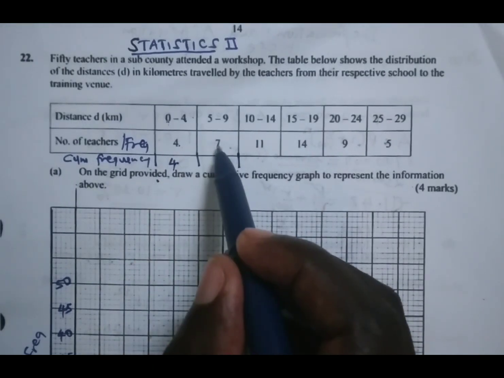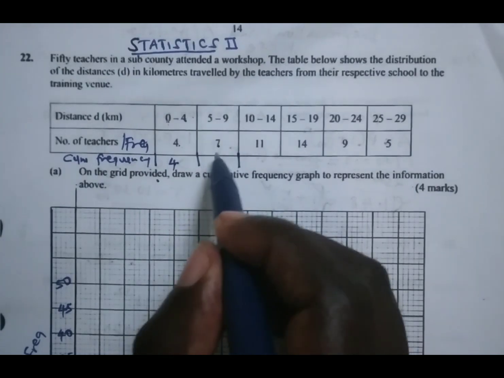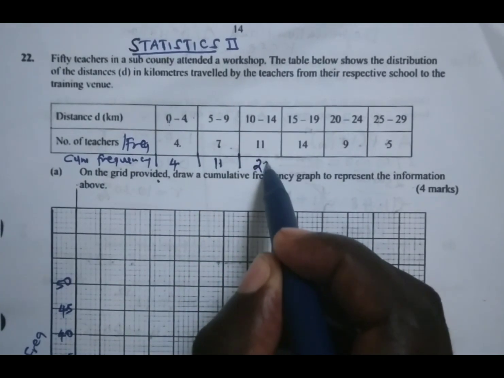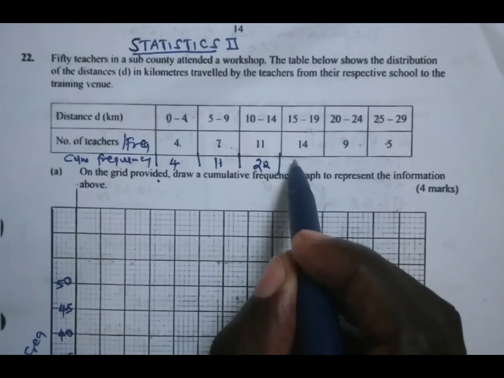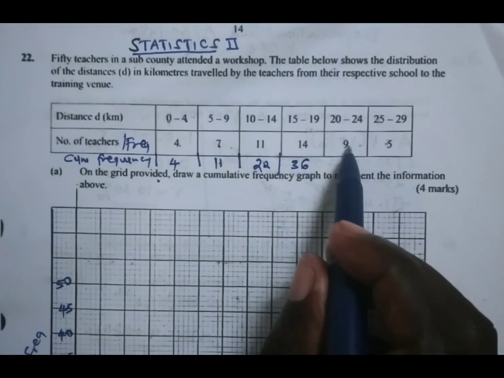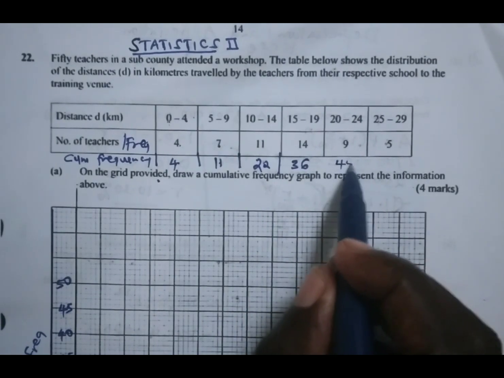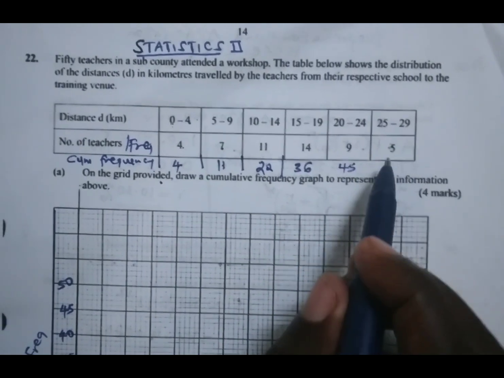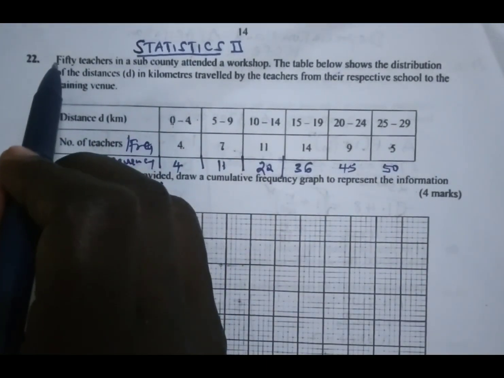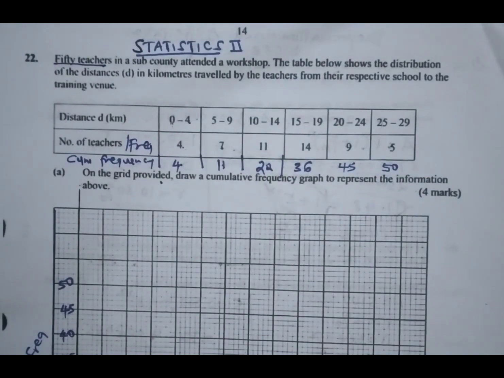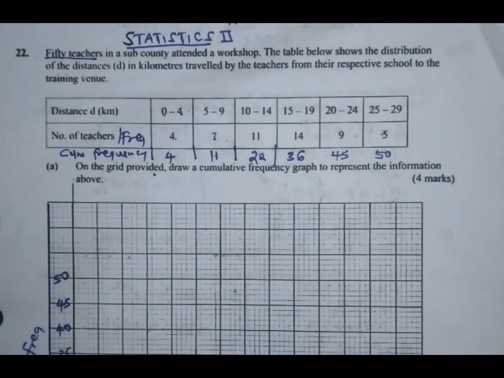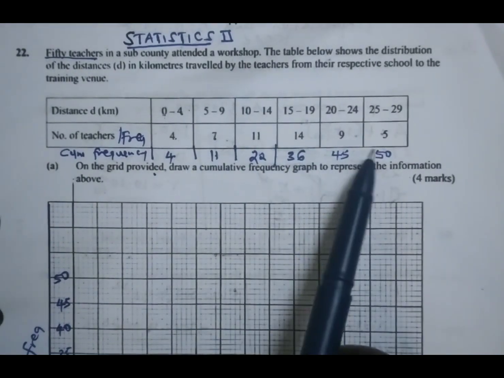Then we take 4 plus the next frequency, which is 7, to give us 11. 11 plus 11, you get 22. 22 plus 14, you get 36. 36 plus 9, you get 45. And 45 plus 5, you get 50, since we are talking about 50 teachers. We now have our cumulative frequency.